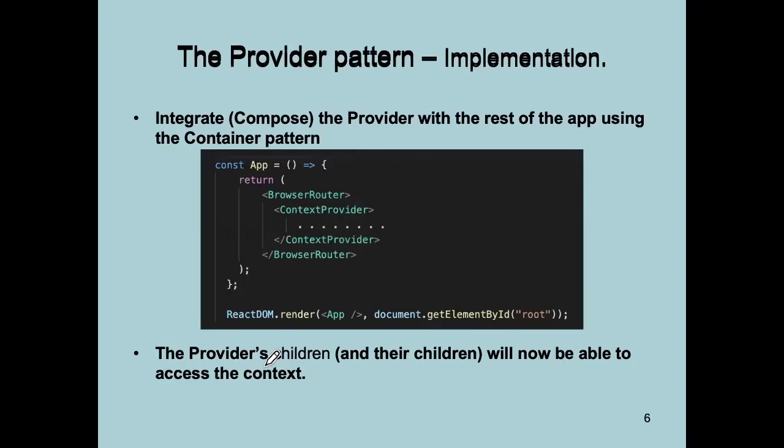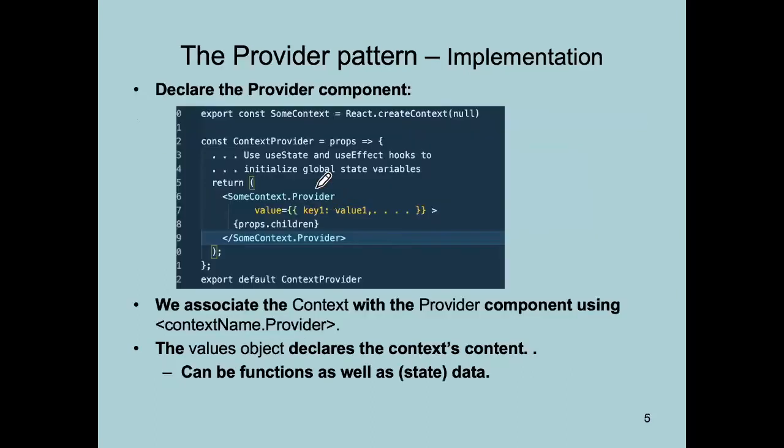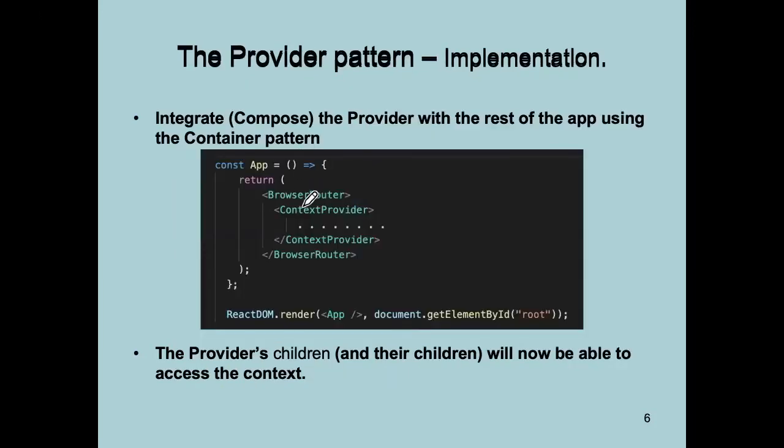This slide is the second part of the whole composition, where you actually use the context provider: you mix it into your routing configuration. So here is ContextProvider. That's the name I gave to my provider component. As I said, I'm mixing it in with the routing configuration.